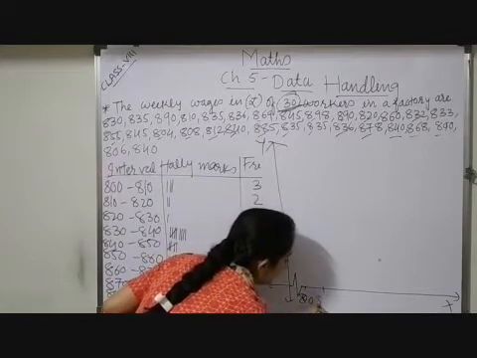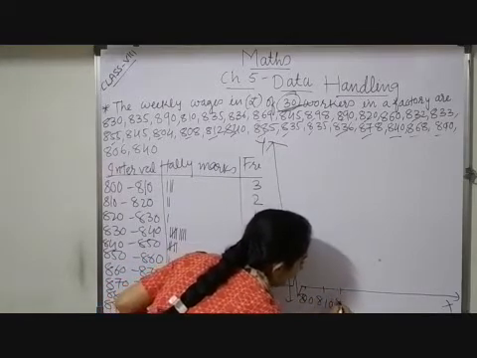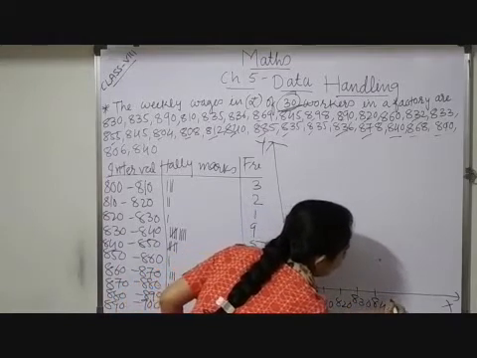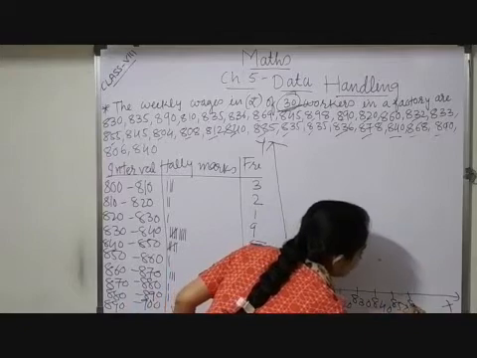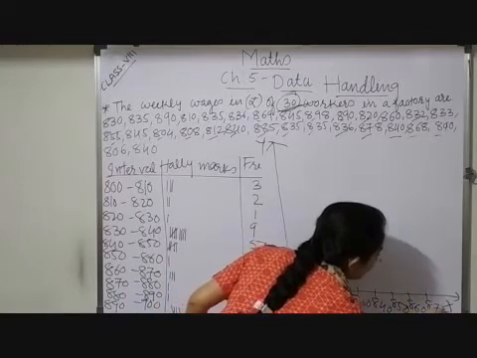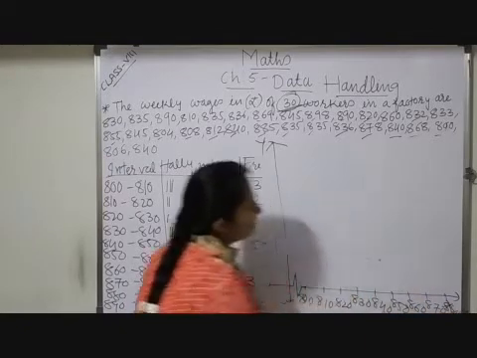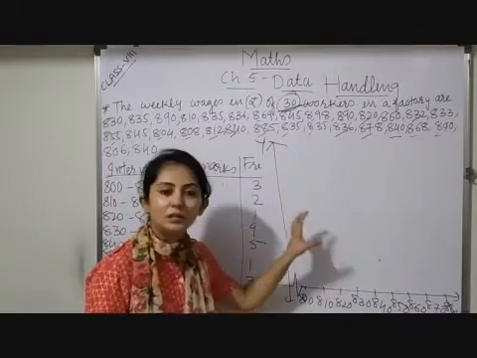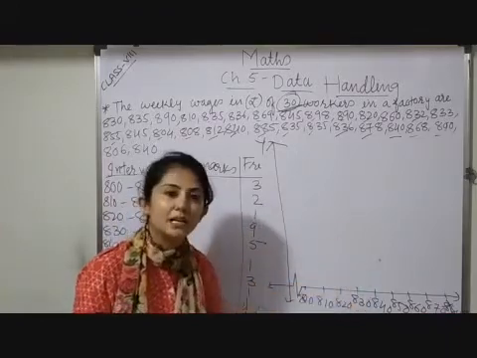On the next interval 810, then 820, 830, 840, 850, 860, 870, 880. Now the remaining you may complete, because you may observe all this information I cannot occupy here on my board, but once you get this understanding, you may try it at your home.